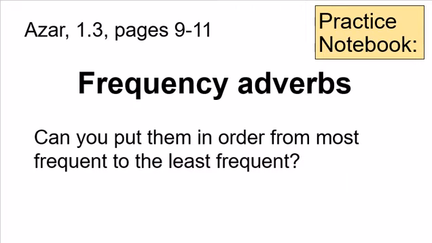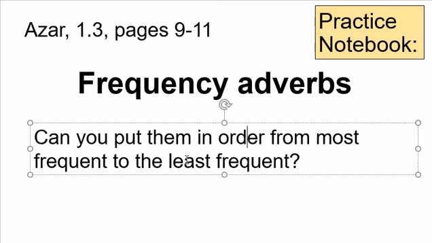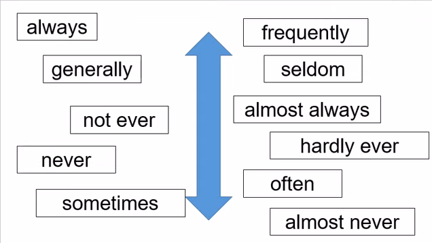All right, so for frequency adverbs, in your practice notebook, can you put the frequency adverbs in order from most frequent to least frequent? Okay. So in your notebook, write this arrow, and these are the choices.